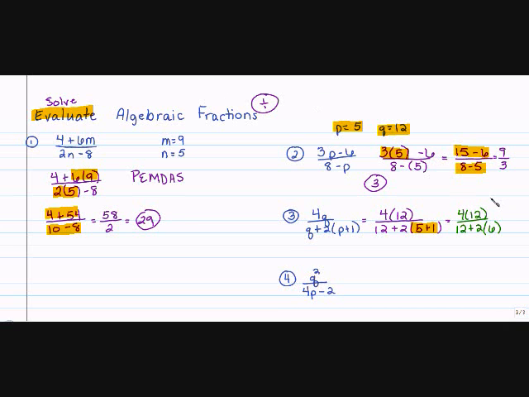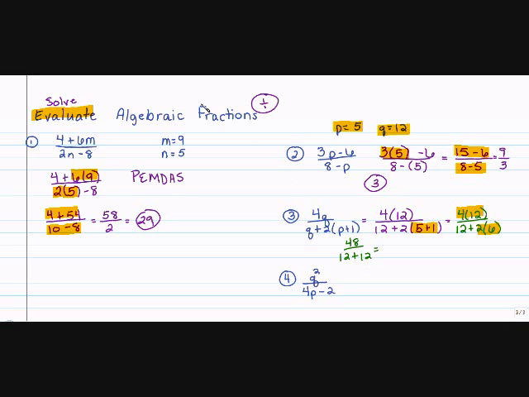Now that I've done that, I need to solve all exponents. Nope, no exponents. So I need to solve all multiplication and division on the top, and then all multiplication and division on the bottom, moving left to right. 4 times 12 is 48, rewriting what I don't solve, and 6 times 2, sorry about that, is 12.